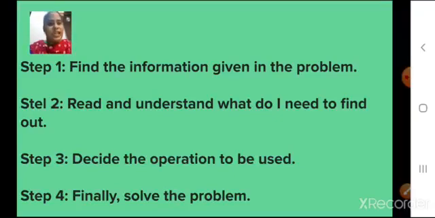Step 2: read and understand what you need to find out. Step 3 is to decide the operation to be used.